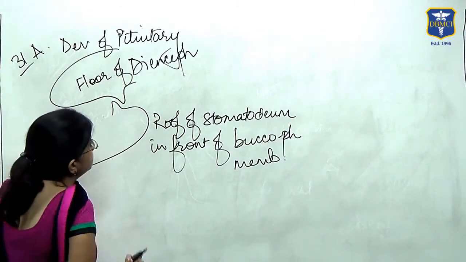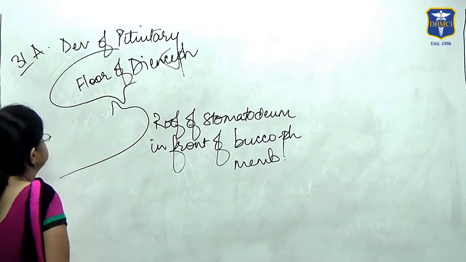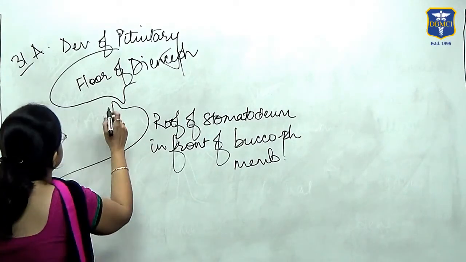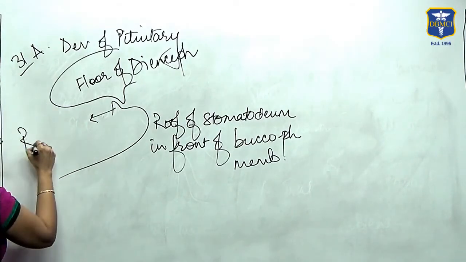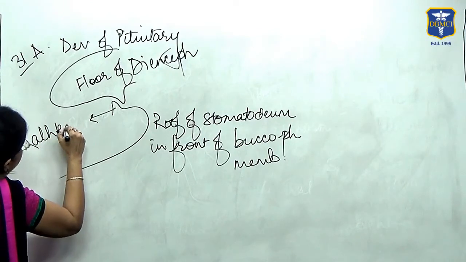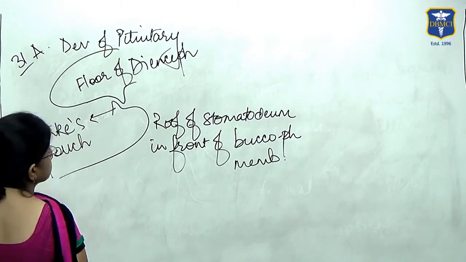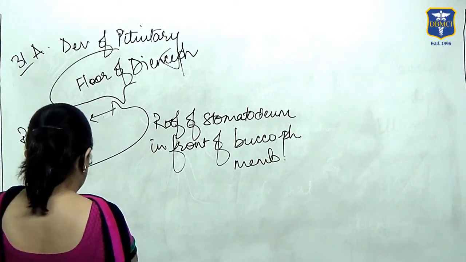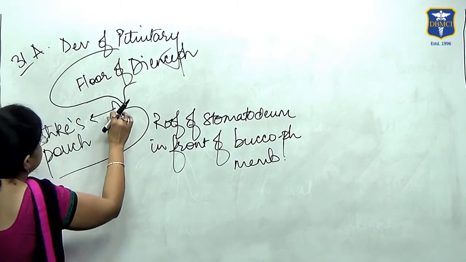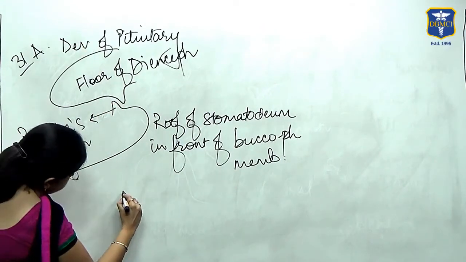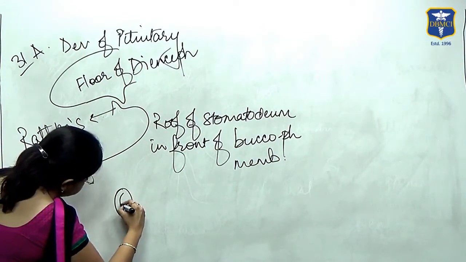Whereas from the roof of the stomatodium, there is a diverticulum which is formed, which is called the Rathke's pouch. Now this Rathke's pouch is cut off from the stomatodium.